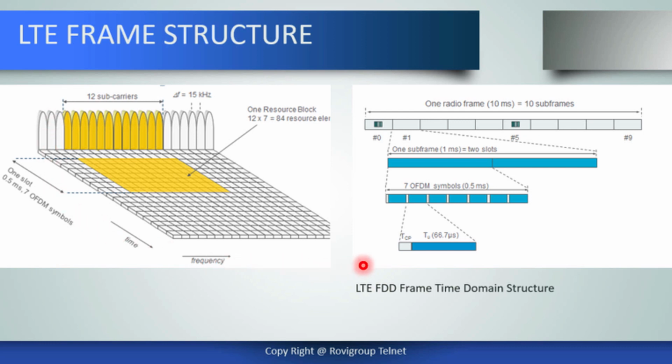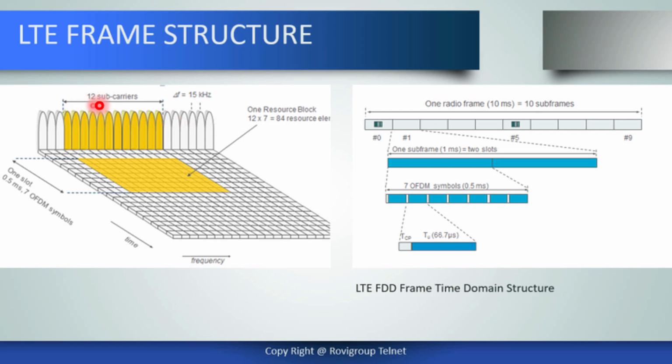Here, the figure shows the frequency domain representation of the LTE frame. As discussed previously, the LTE bandwidth is divided into subcarriers. Each subcarrier has a bandwidth of 15 kilohertz.